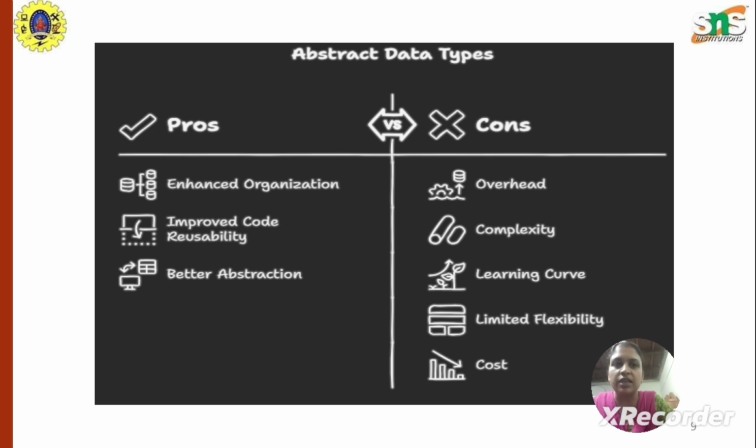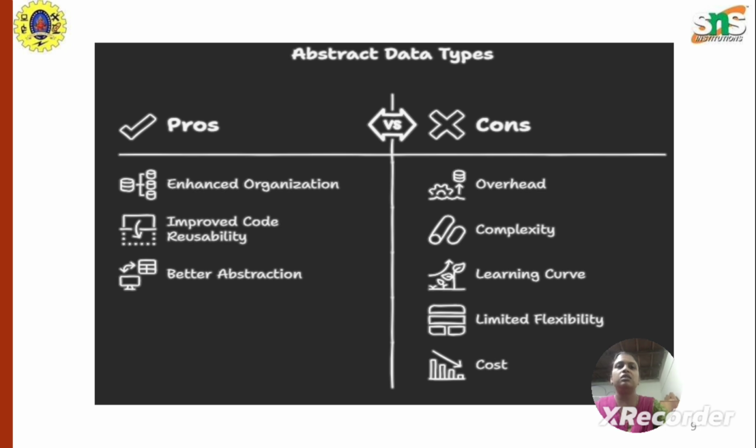Then limited flexibility. Some ADTs may be limited in their functionality or may not be suitable for many of the data structures. The next one is cost. Implementing ADTs may require additional resources, increasing development cost.